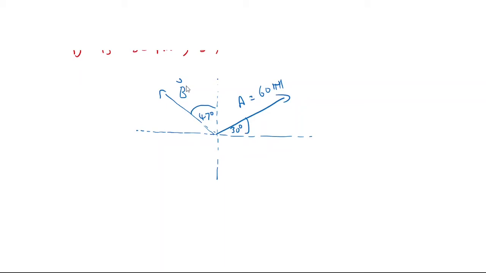Okay. Right, and vector B, actually, let me just give it a magnitude. If I give it a magnitude, and then we just work with that magnitude, I'll give it a magnitude of shorter. So let's just give it a magnitude of 50 Newton.